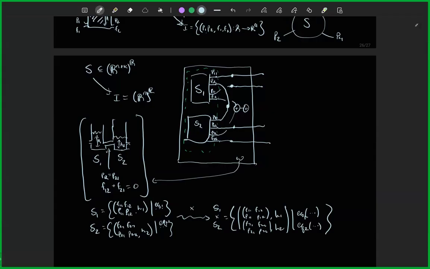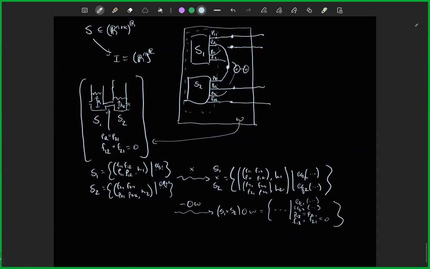So now when we take this and compose it with W, we will get S1 times S2 composed with W. And that is the same exact thing, but now we have ec1, ec2, and we have our two equations: P12 is equal to P21, and F12 plus F21 equals 0.